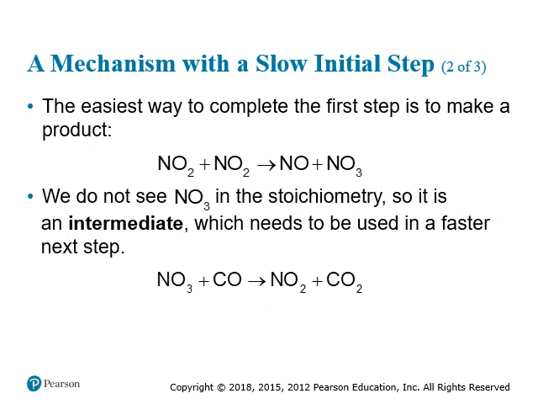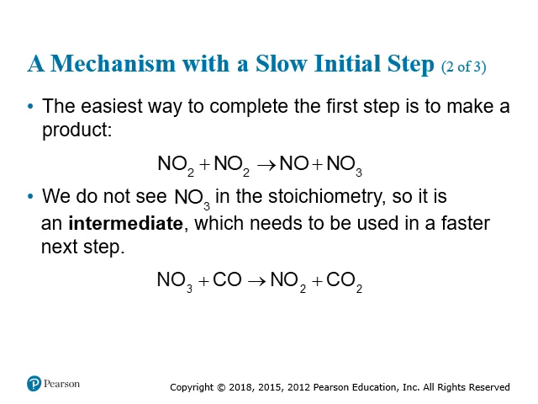Well, this first step would result in the formation of nitrogen monoxide and a nitrogen trioxide. Now, since this is not what we want to see in the final reaction, we're ultimately going to see that nitrogen trioxide disappear as an intermediate.